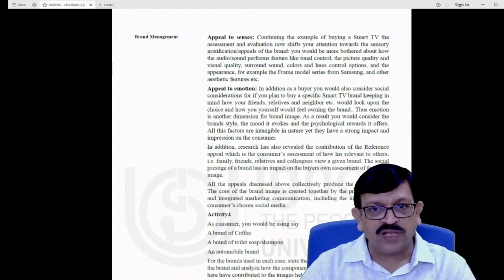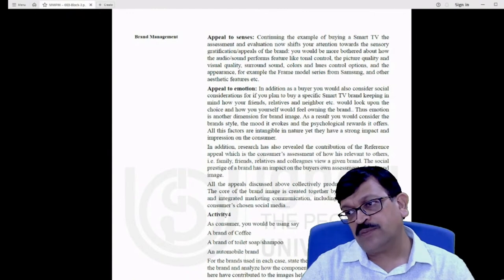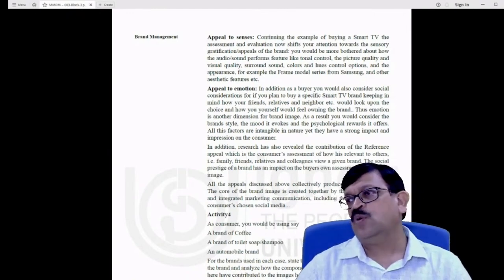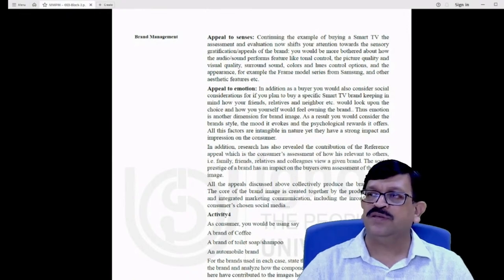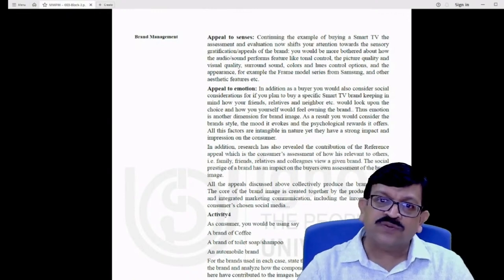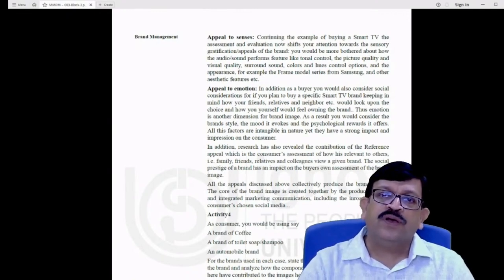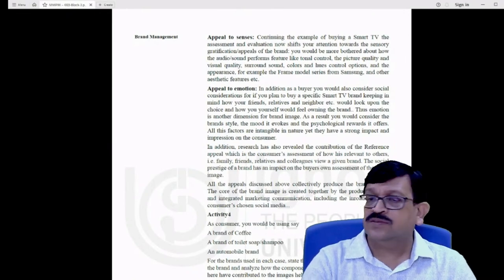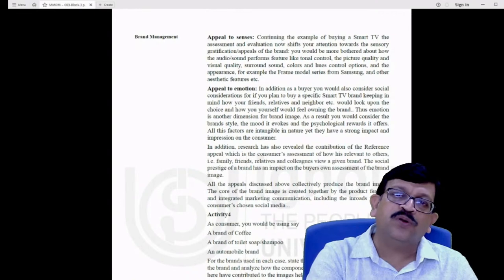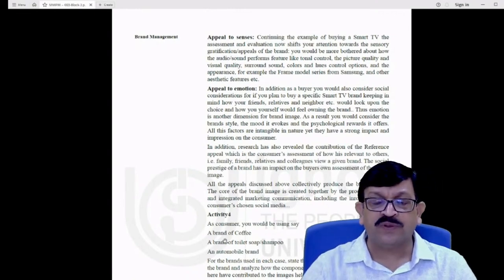Third is the emotional aspect, which I was talking about in the emotional appeals. A feeling of pride. For example, if I'm an owner of a particular Mercedes, it carries that snob value with it. So would I like to get associated with it? And of course, it gives you a feeling that yes, you are associated with something good when you're associating with brands.